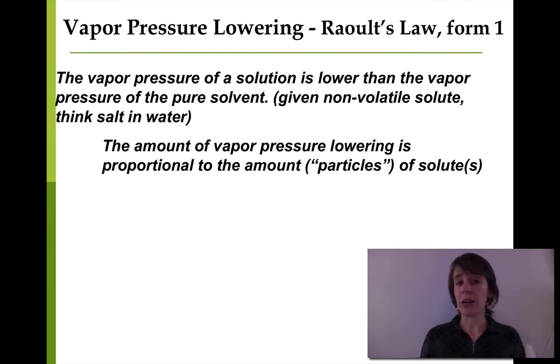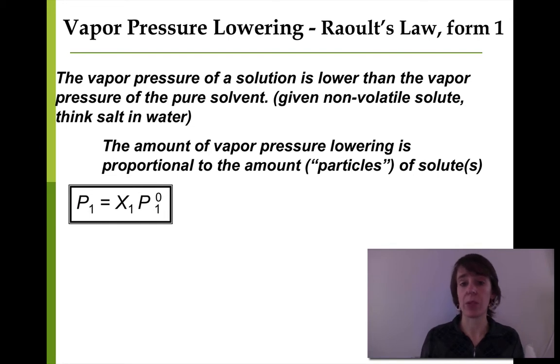Raoult's law says that if you have a solution with a liquid solvent and a non-volatile solute, something like salt, then the vapor pressure given off by that solvent is going to be lowered. It's proportional to the concentration of the solute, or you could think of that as how many particles of solute there are.